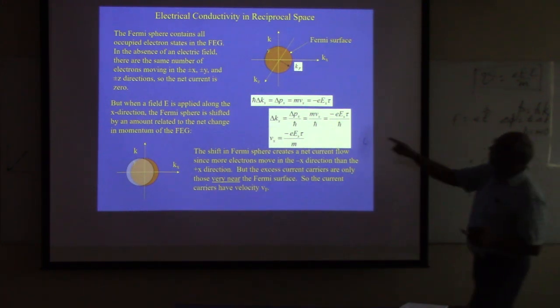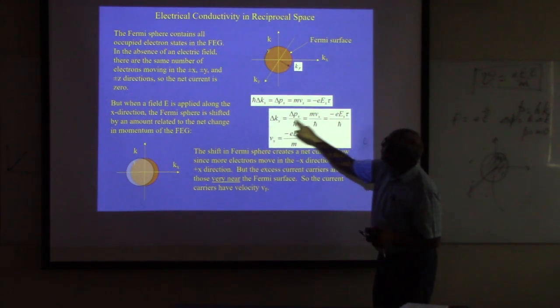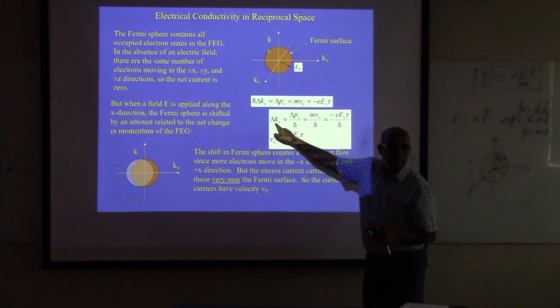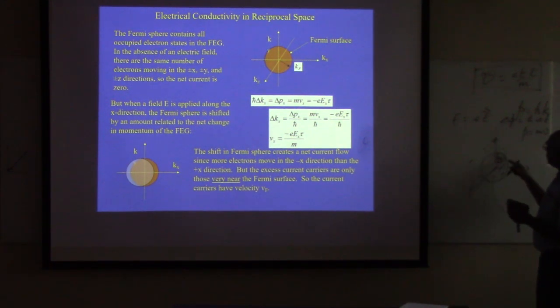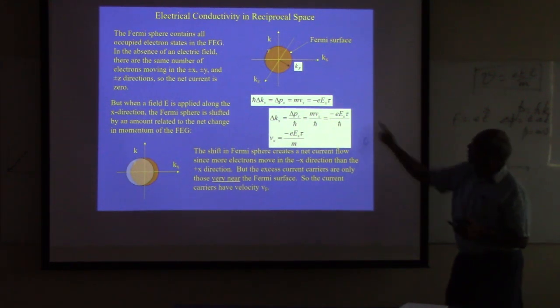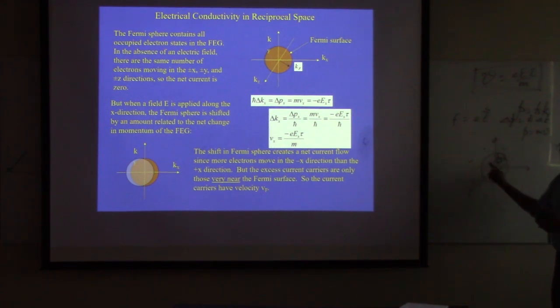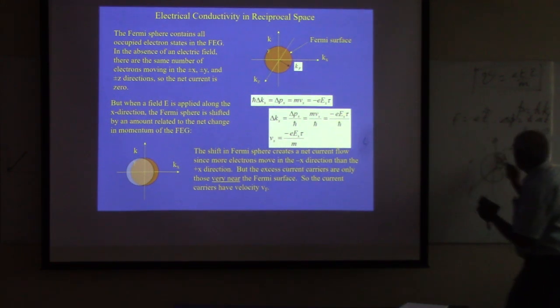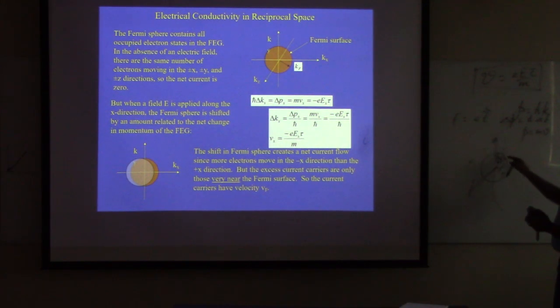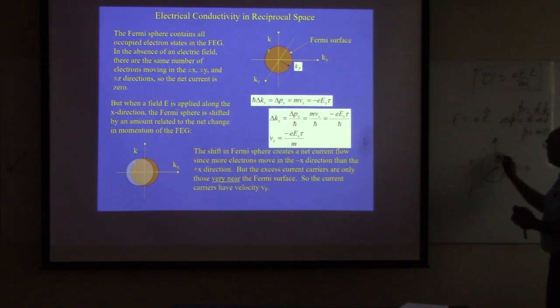Because of this electric field, your k vector is changing. Suppose you had some k value here, after that time τ, that k vector is going to be slightly different. That means it becomes a negative number. That means the Fermi sphere is going to be shifted like this in the negative.